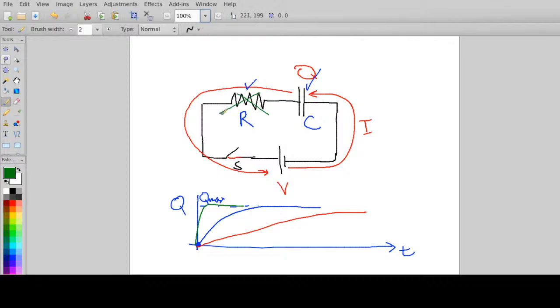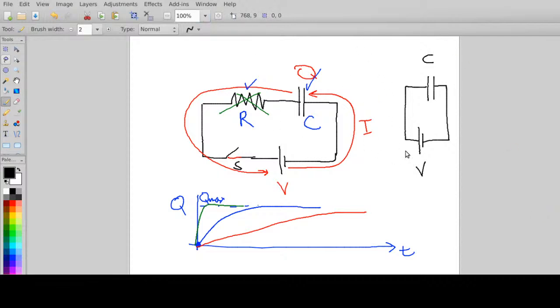Then the resistor is like it isn't even in the circuit. So the circuit, once it's charged up, effectively is just a capacitor. The resistor is doing nothing because there's no current, and there's a battery there. So you've got a capacitor here and a battery here. Again, there's no current, so the fact that there's a resistor there doesn't make any difference whatsoever.